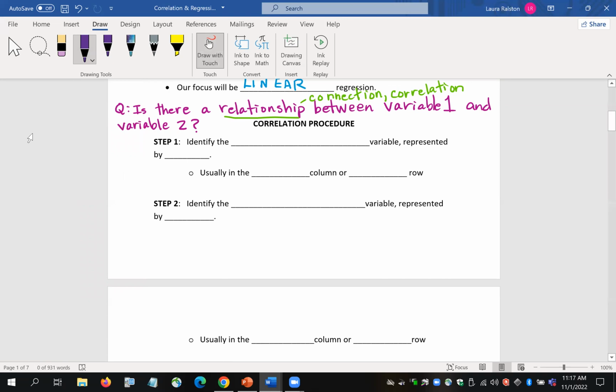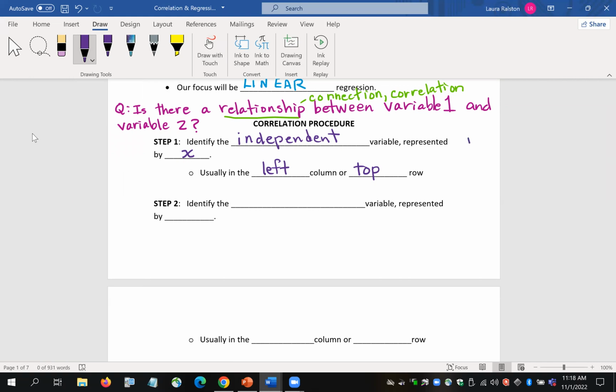So the first step is we have to identify our independent variable, which is typically represented by the X. And if you're looking at it in table form, it is usually the left column or the top row.